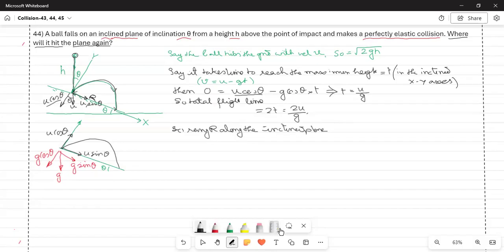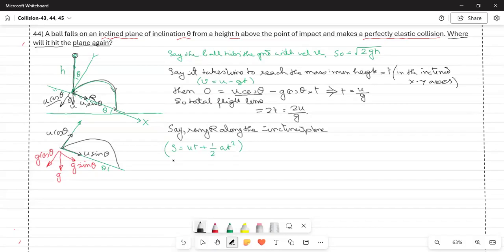Then we use the kinematic formula. The kinematic formula we know: S equal to ut plus half at square.